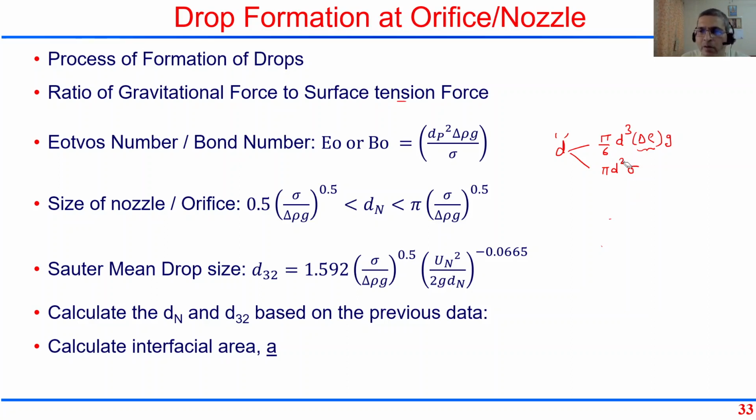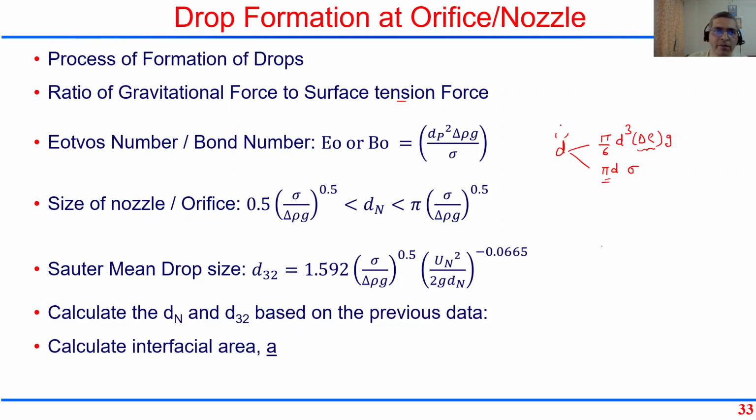Is that right? Oh, it is pi d into sigma. That's the force. The perimeter, pi into d, could be dn or it could be d if you like, the perimeter across which that surface tension force is acting.